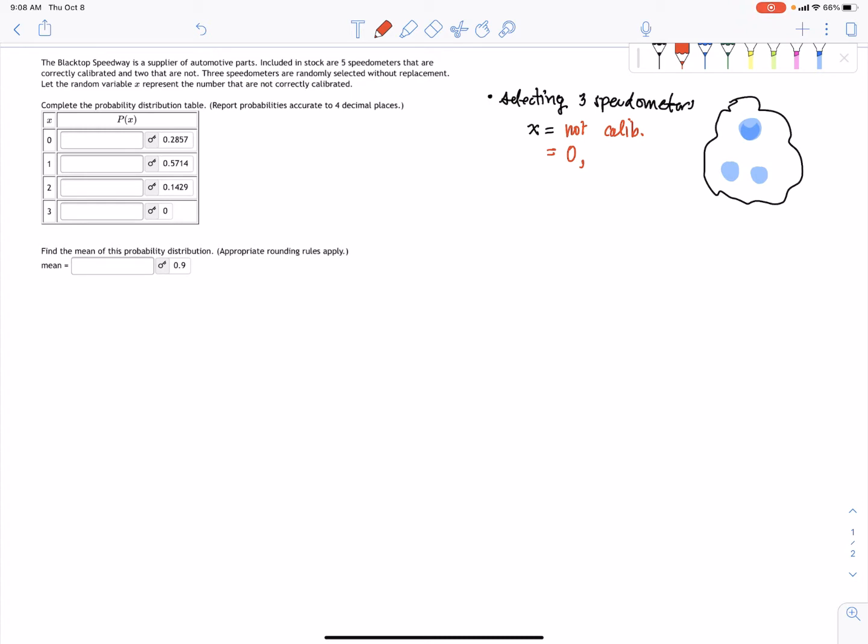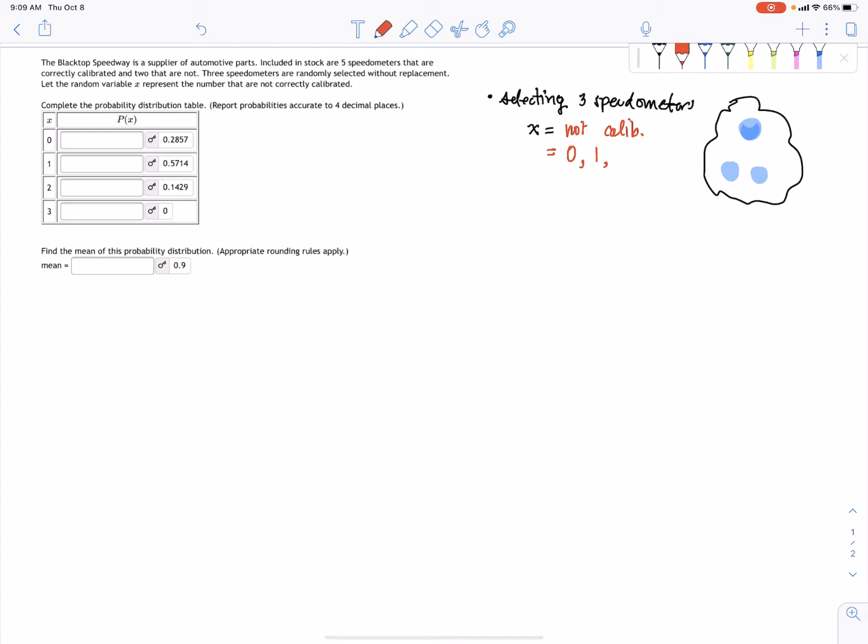So let's say I go in now and I select 3 of these, but now 1 of them happens to be not calibrated. So there's another situation where 1 is not calibrated, but 2 are calibrated.